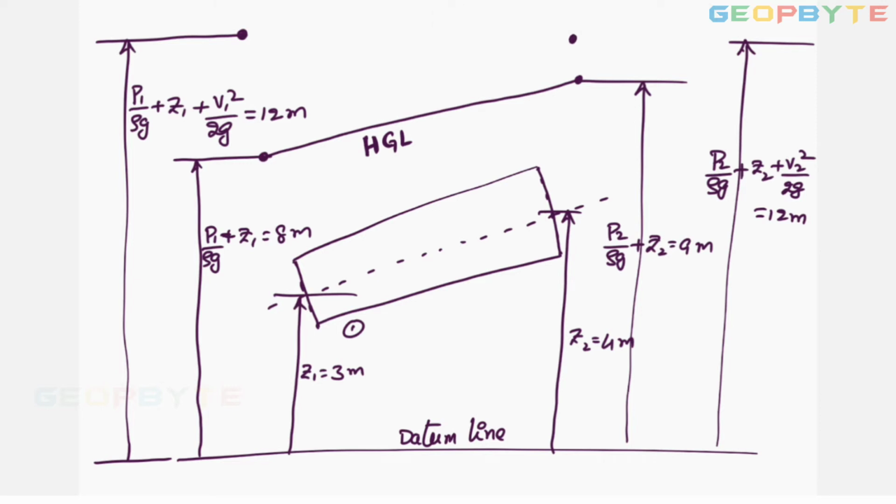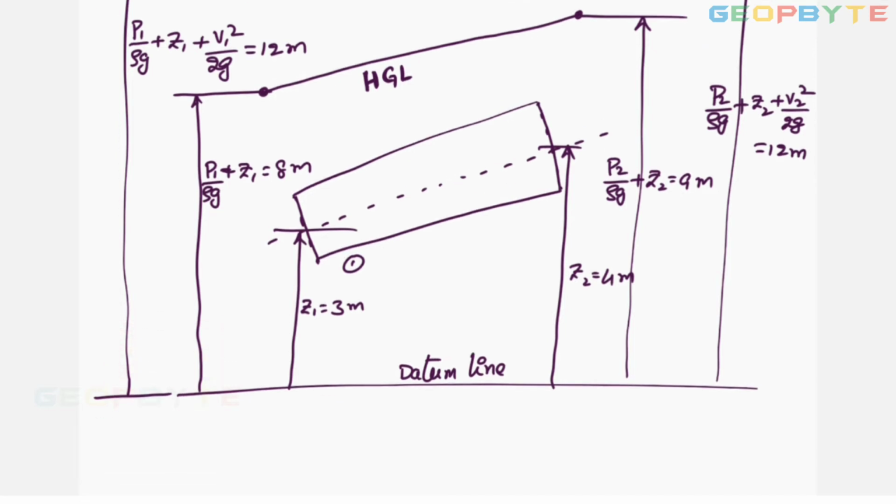If you join these two points, you will get a straight line. That line is called the total energy line. So the total energy line is always above the hydraulic gradient line. Total energy line is obtained by joining all total head points at different states of the flow. So the total energy line should be horizontal if the frictional losses are ignored.